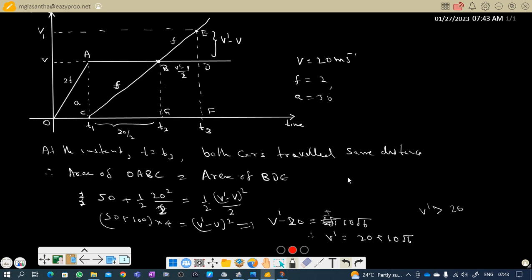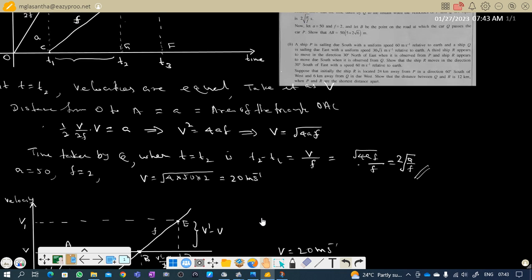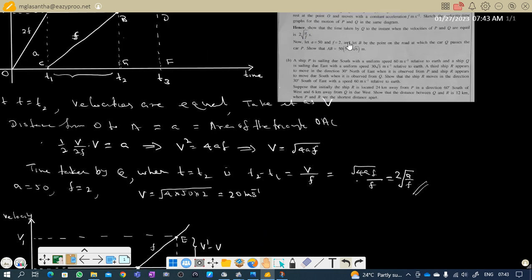But you need to find the distance AB. What is AB? AB is the distance travelled by Q when t equals t3.